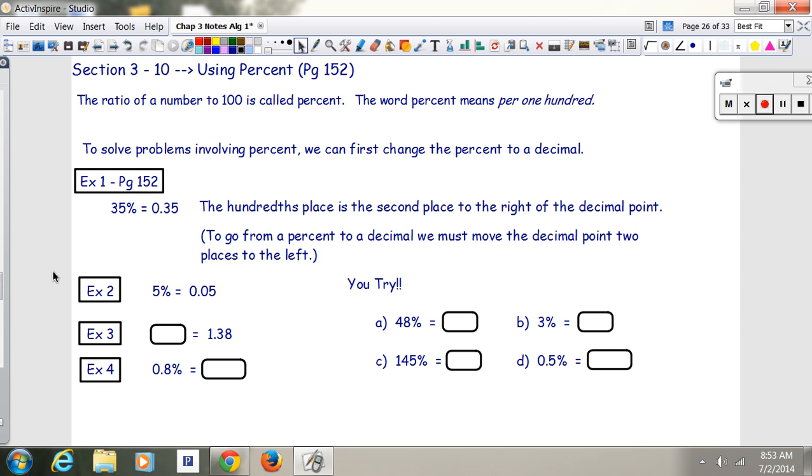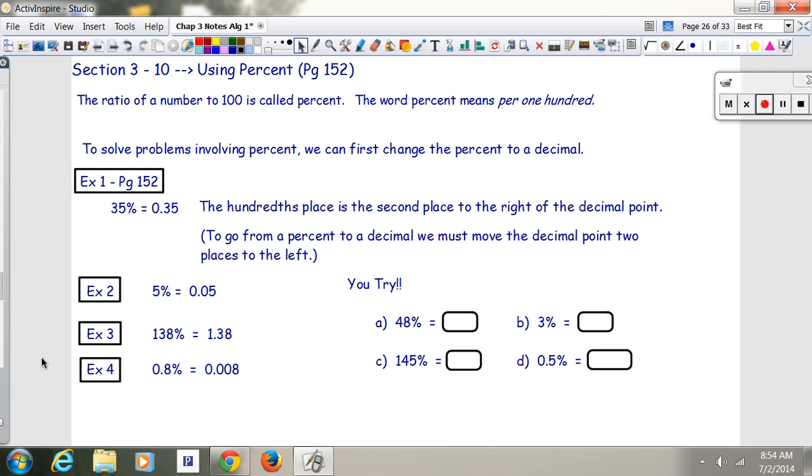It's not 0.5 because that's 50%. 1.38 is 138%. You move it over two places, you get 138%. 0.8%, if you move it over two places, would be 0.008.